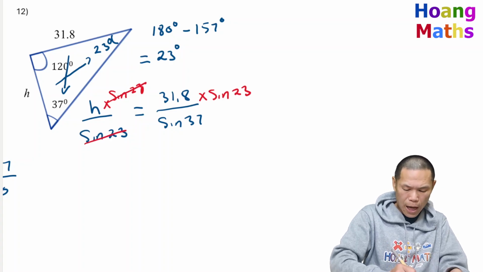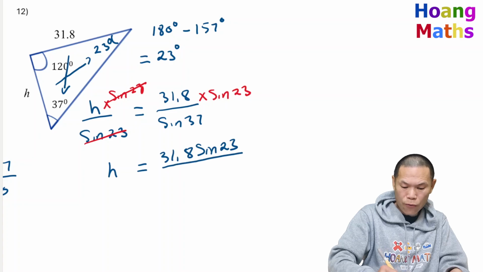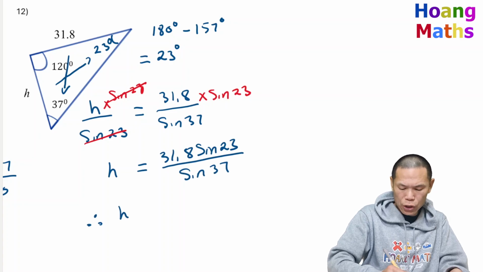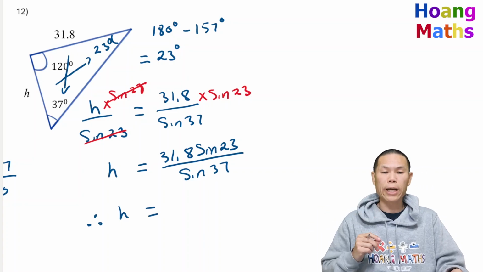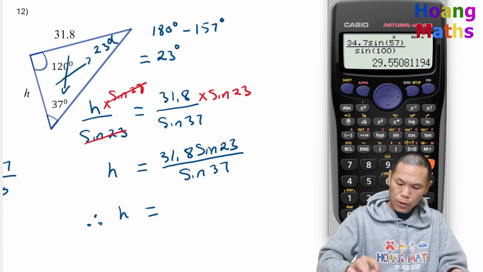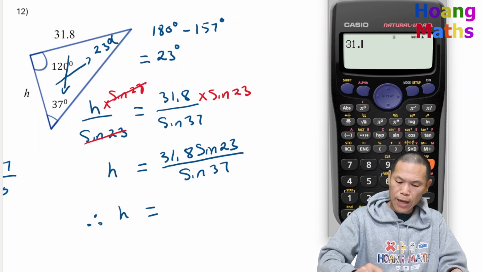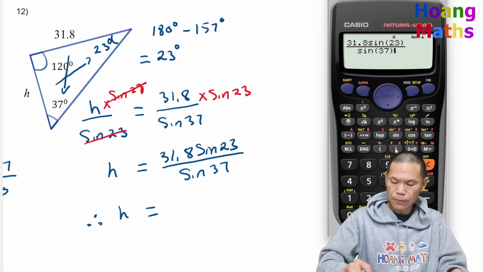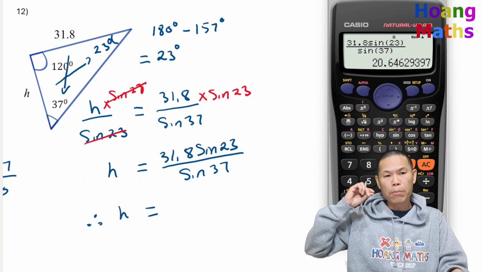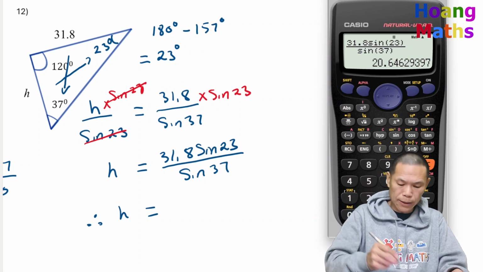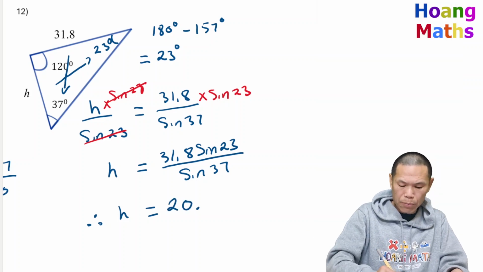So that is H equal 31.8 sine 23 over sine of 37. So now I just put this in a calculator. I just go 31.8 sine of 23 over sine of 37. 20.6, correct to one decimal place. 20.6.